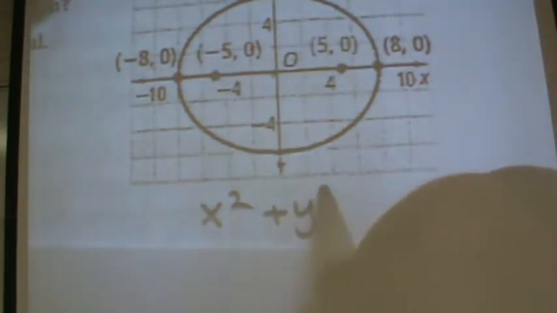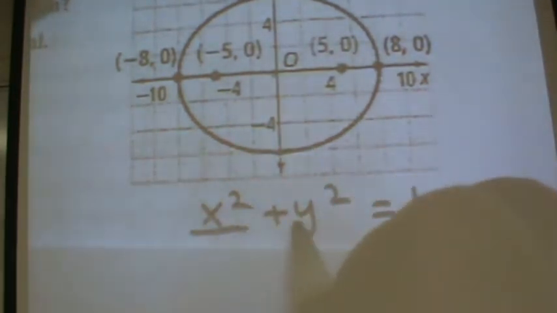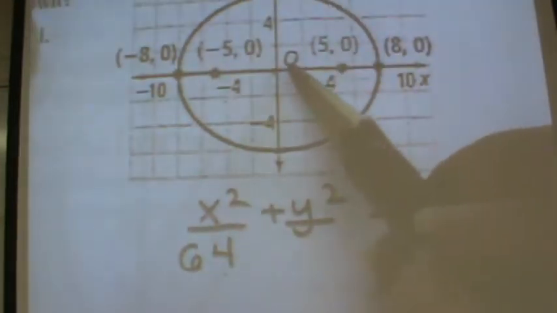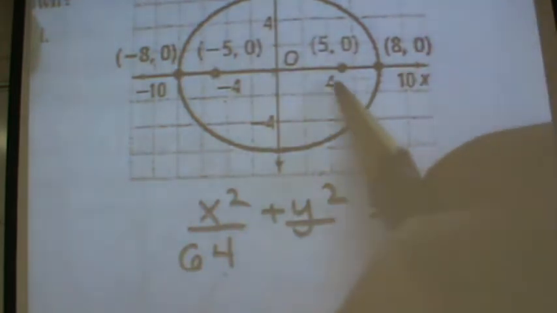That's your a value. So I know my equation is going to be x squared plus y squared equals 1, but underneath x, what am I going to put? 64. Because it's elongated on the x-axis, so a is 8, so 8 times 8 is 64. Now, they don't tell you what b is, but they do tell us that c is 5.